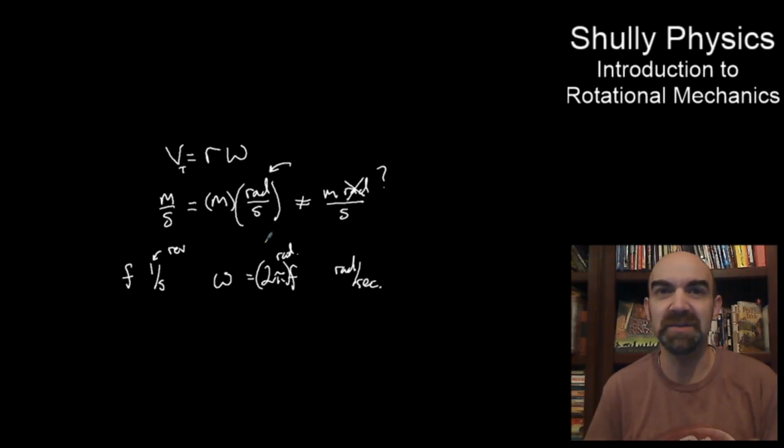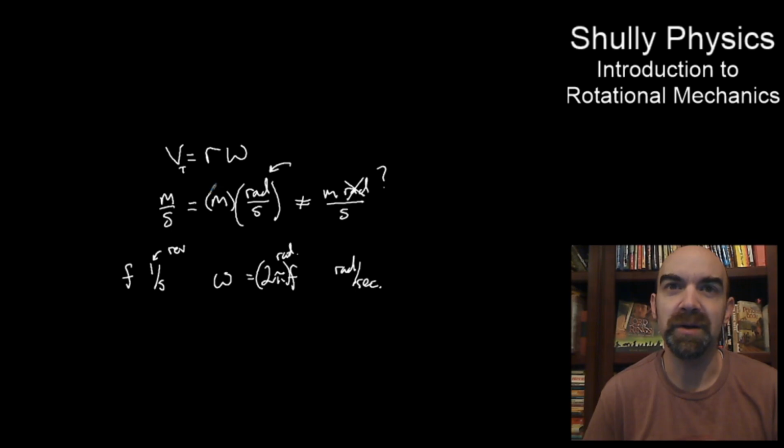It's not degrees, it's not revolutions, it's radians per second. It's just the count. So when we do get a physical quantity multiplied in there, a dimensional quantity, meters, takes up space, we're just going to drop that radians out of the picture and write meters per second.